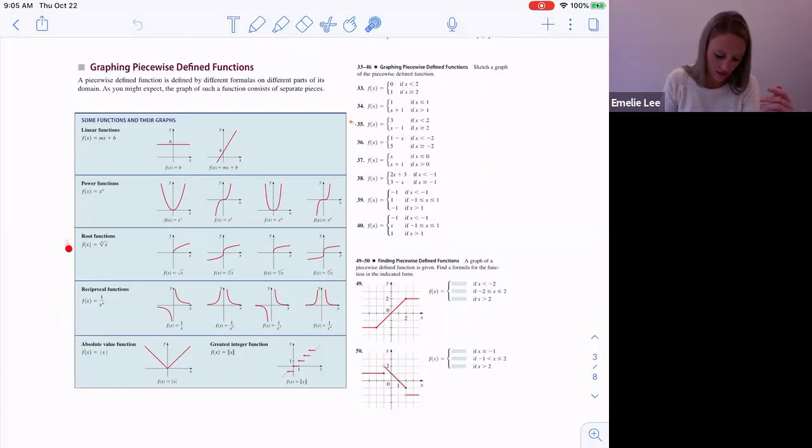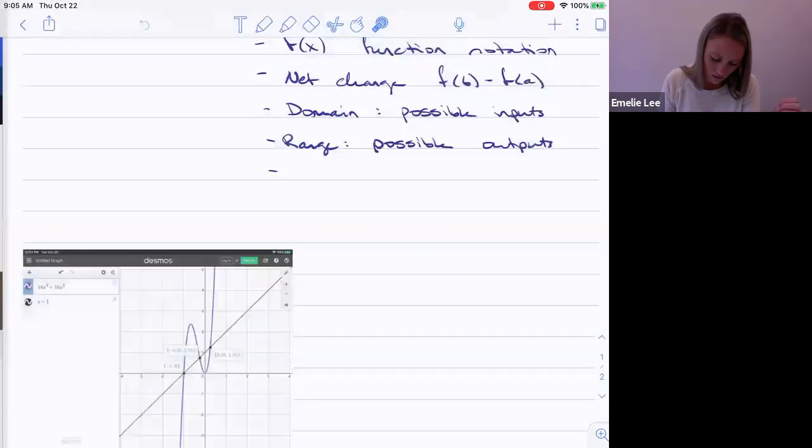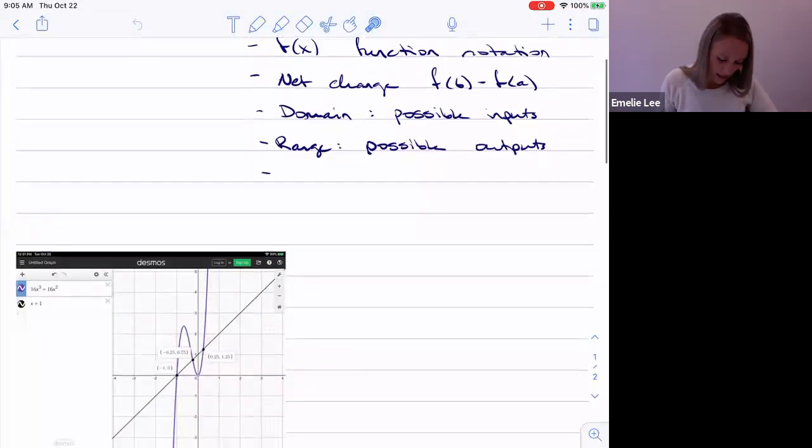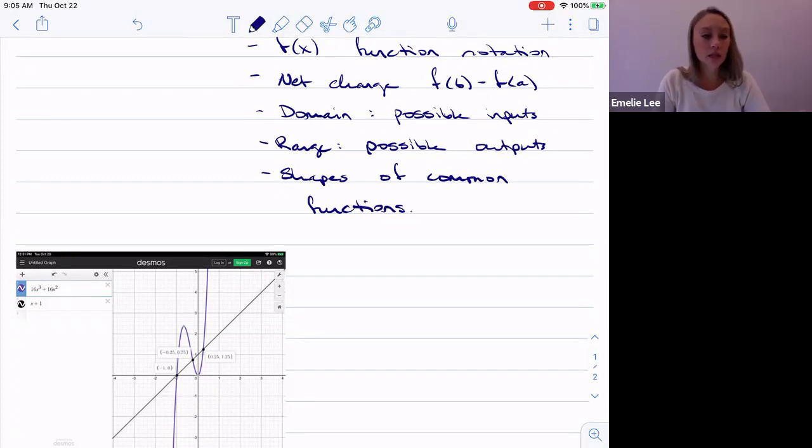But these, I want you to have a really good handle on: what do you expect when you see something that has the form x to the power of n, and then even or odd power. So, the shapes of common graphs, or common functions, I should say. All right, so recognizing those.